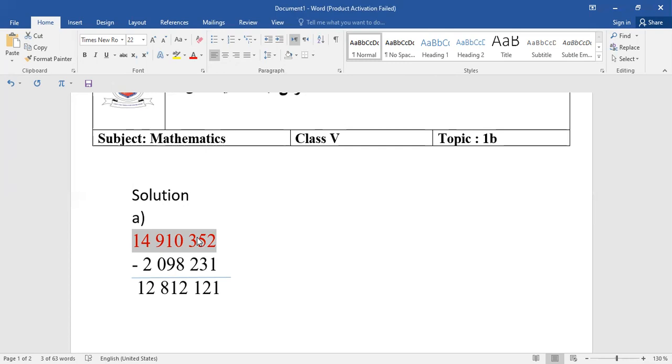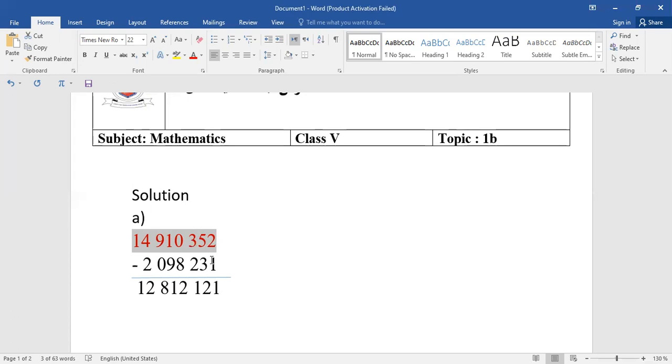Like ones, thousands, millions, whatever the numbers are given to you, you have to write down the numbers accordingly. Now the population of Karachi is written in red. So it is 14,910,352. So I have to subtract the number of people which are living in Rawalpindi. In this way, I can find out the number of people more living in Karachi.